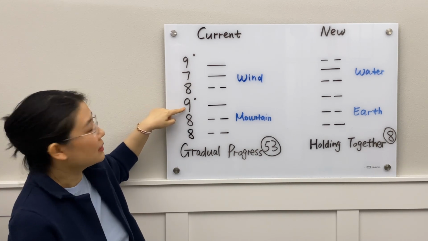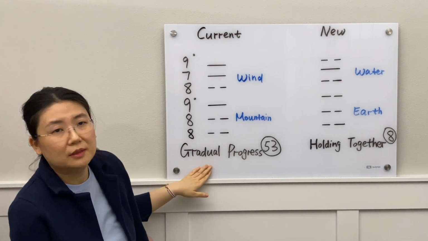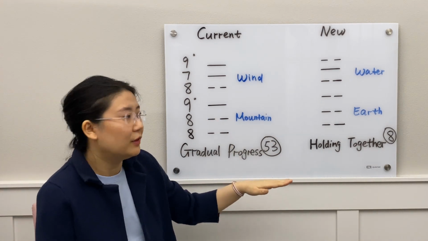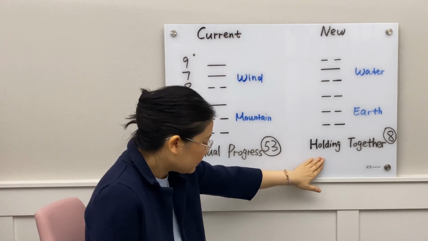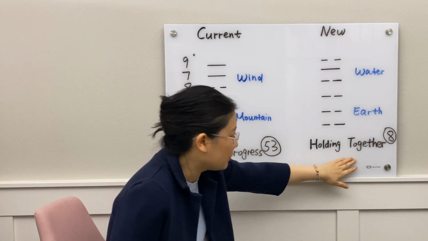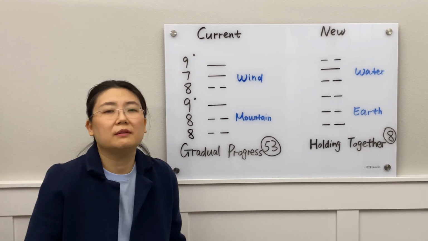Second, focus on this line's description. Third, focus on this whole hexagram's description. And supplementally, on the fourth bottom level, I put some reliance on this new hexagram's entire description. Those are my four-tiered thinking.